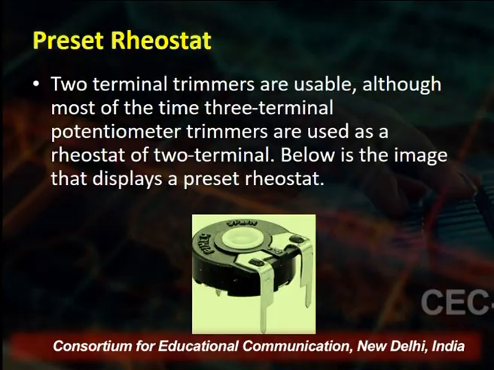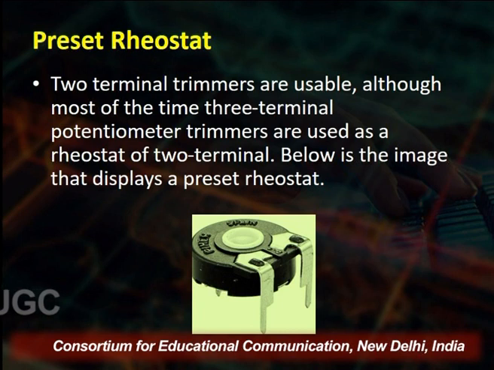The 2 terminal trimmers are usable, although most of the time 3 terminals are used. Potentiometer trimmers are used as a rheostat with 2 terminals. You see there are the 2 terminals. You can see this is the preset rheostat.